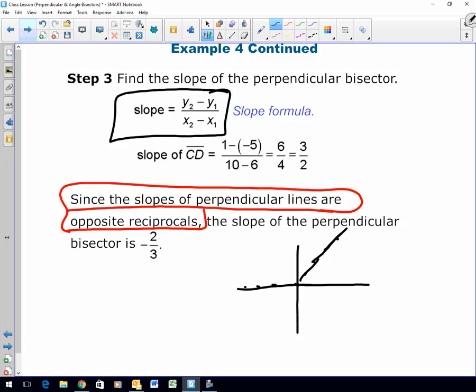Down 1 over 2, down 1 over 2. So when you write your formula today, remember to take your opposite reciprocal slope in order to get your perpendicular bisector. Any questions on that?